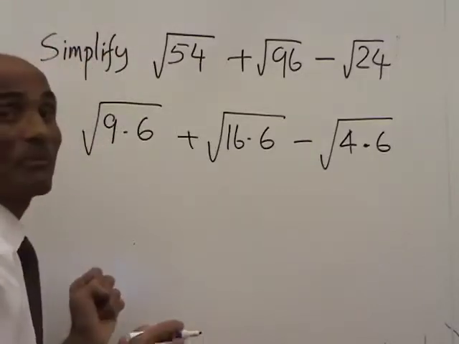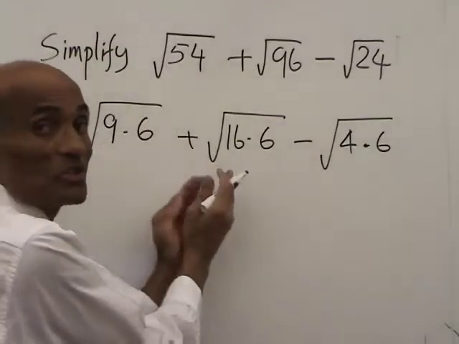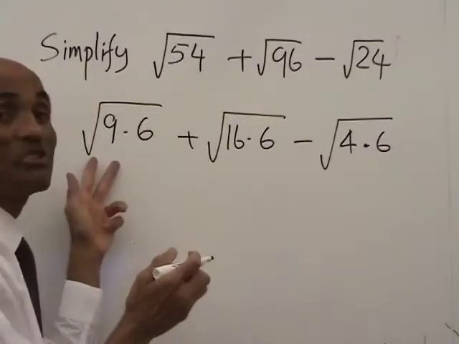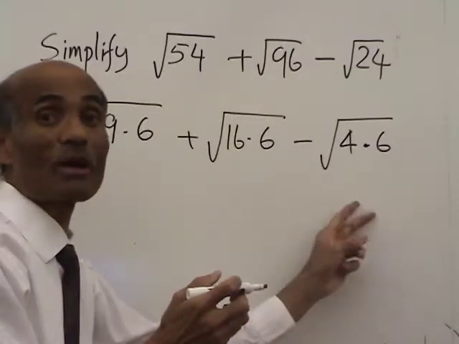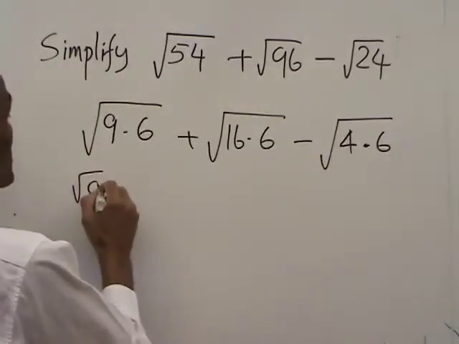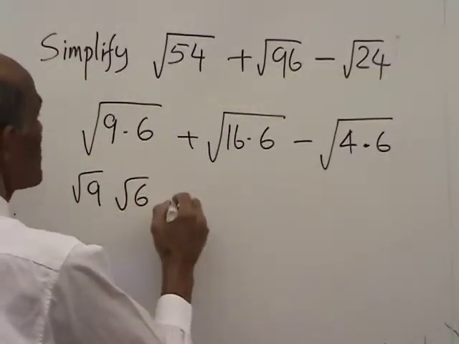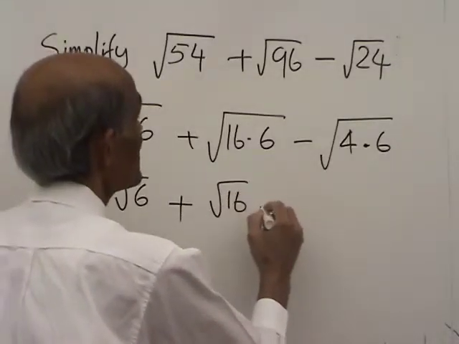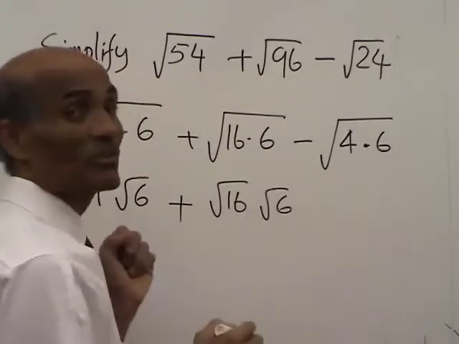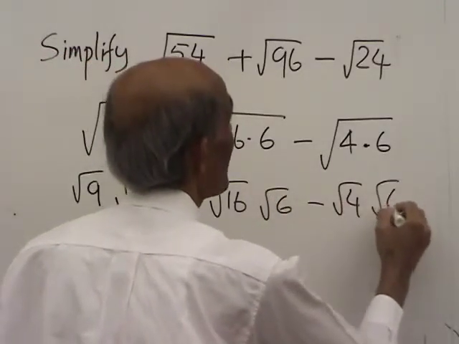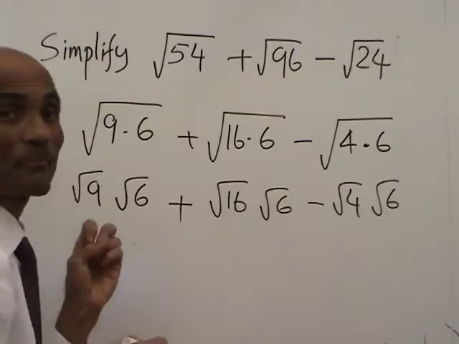Okay, what is the next step? Split each of these into two different radicals, each containing the perfect square and the other. So this will be square root 9 times square root 6 plus square root 16 times square root 6 minus square root 4 times square root 6.